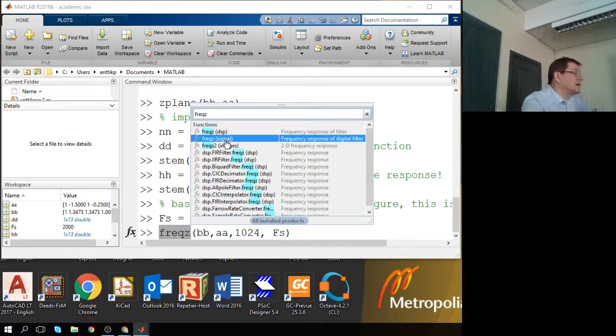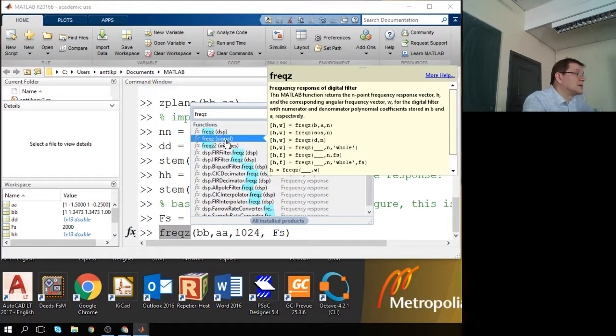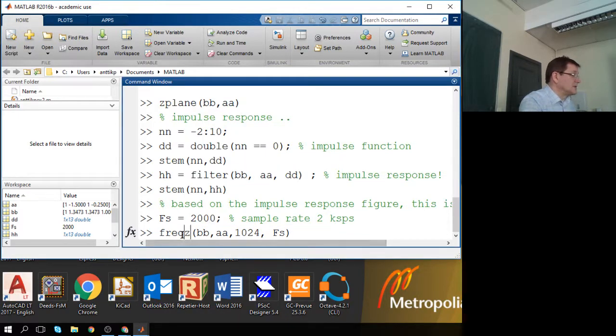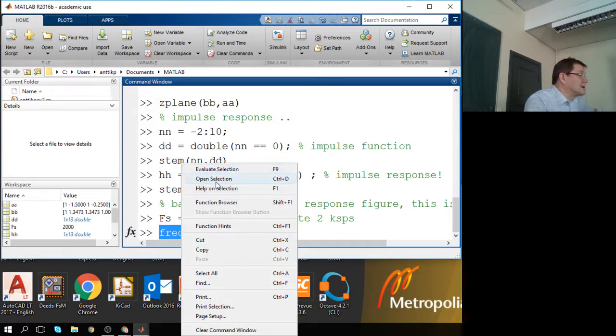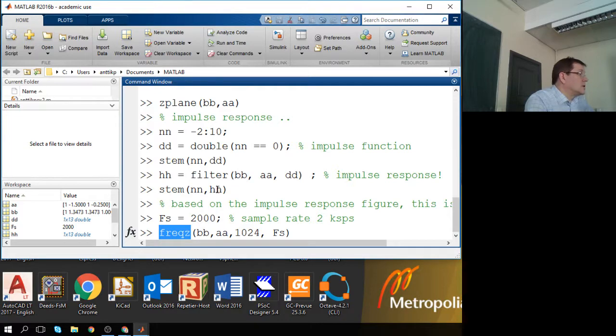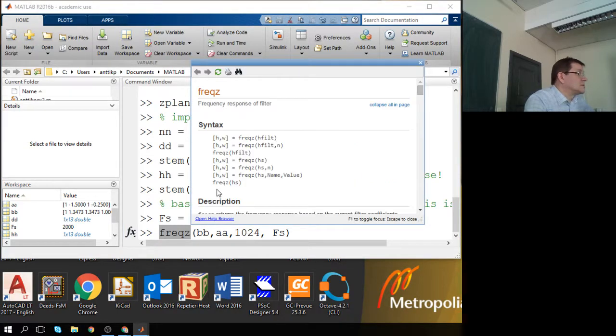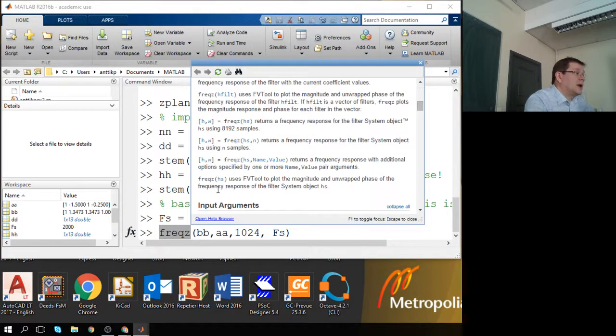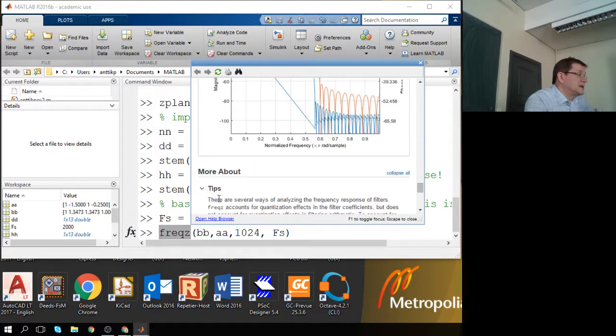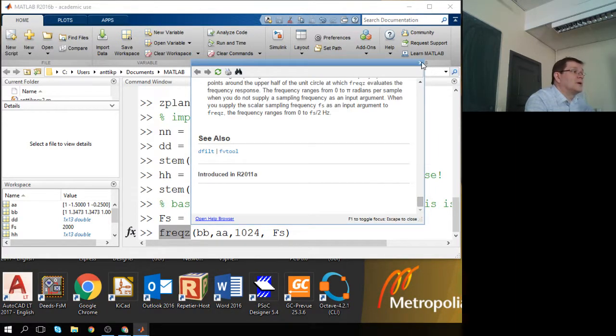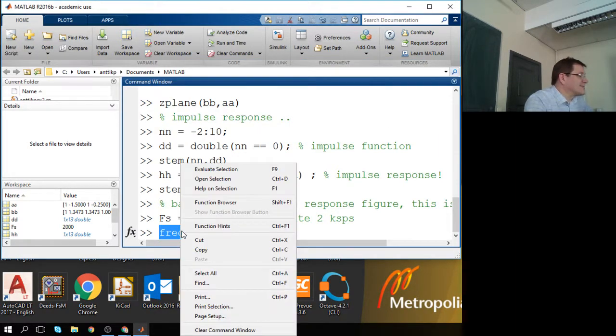Signal display. Okay, there. Yeah, that's the old-fashioned kind of thing. So double-clicking and help on selection. No. See also. No. What did I actually click?